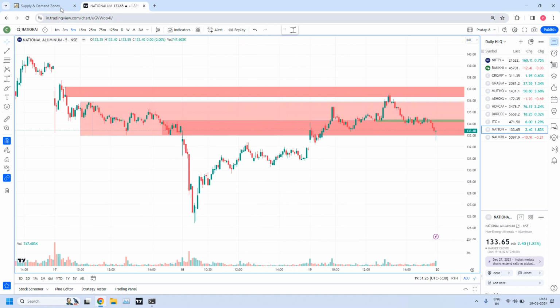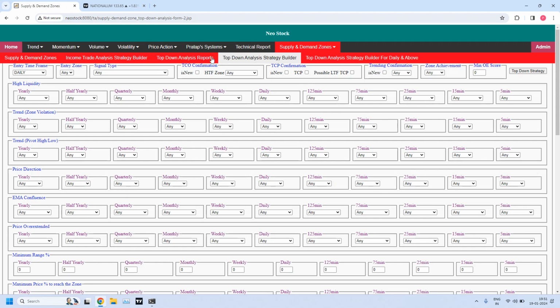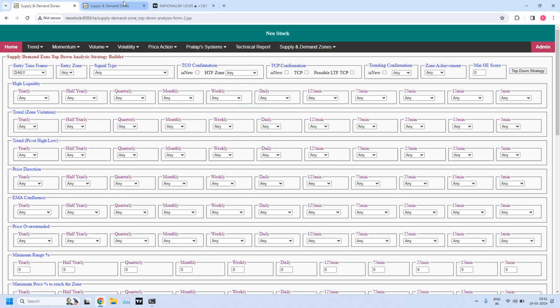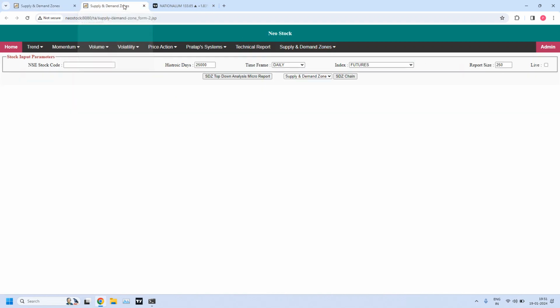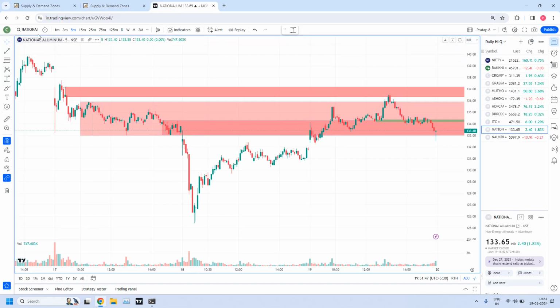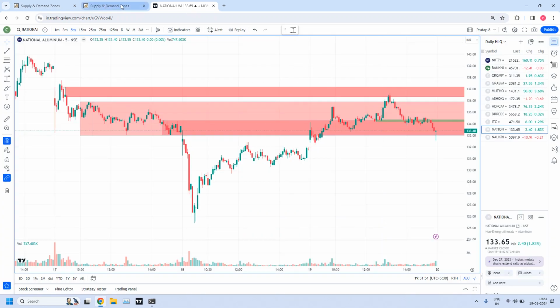That's why what I did, I went to NeoStock. There is a top-down analysis report. Earlier I showed you once. From here we identify demand zone chain and supply zone chain. So what I did for National Aluminium, this is National Aluminium, right?